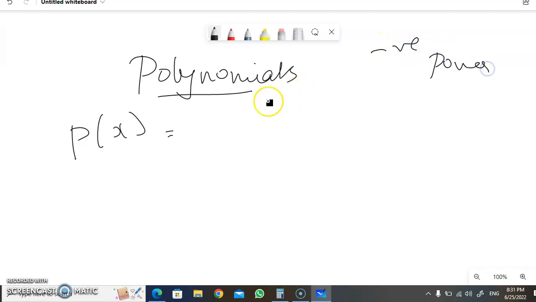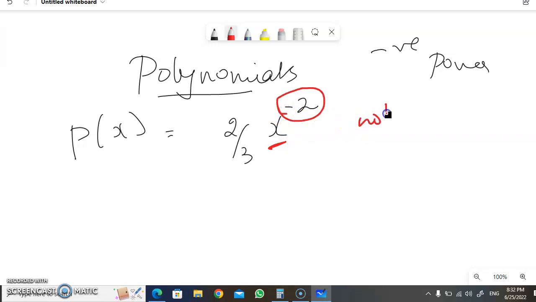So for example, if I write 2 by 3x raised to minus 2, see the variable here, that is x, has the negative power, hence it is not a polynomial.